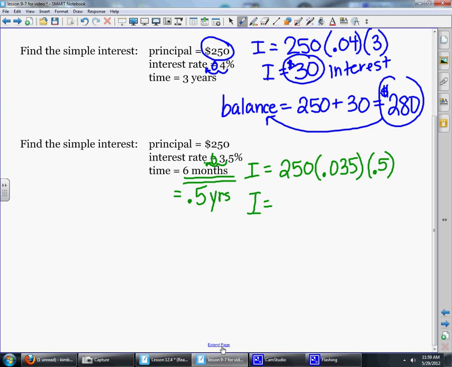So instead of multiplying it by 6 months, we multiply it by 0.5 for half a year. So it's 250 times 0.035 times 0.5, which is $4, and we have 0.375, which is going to round to $4.38 in interest.